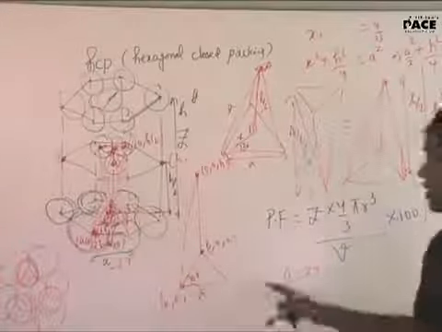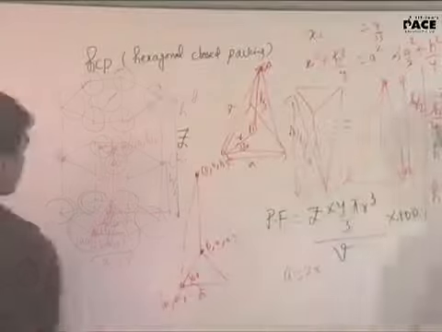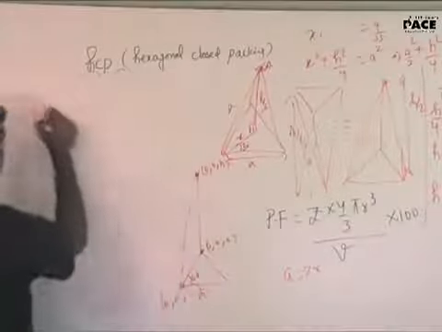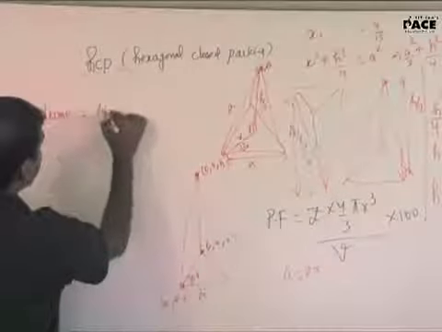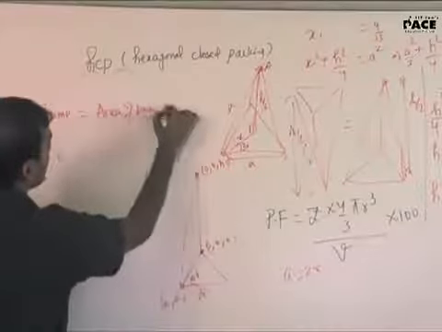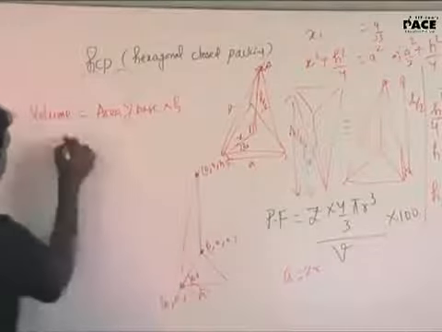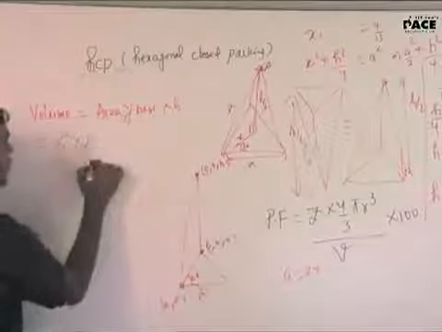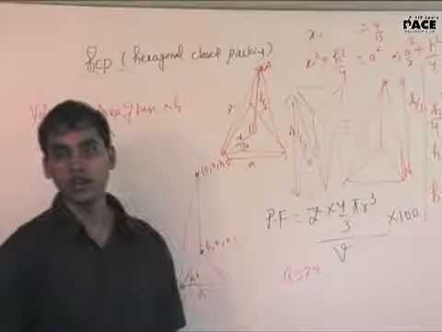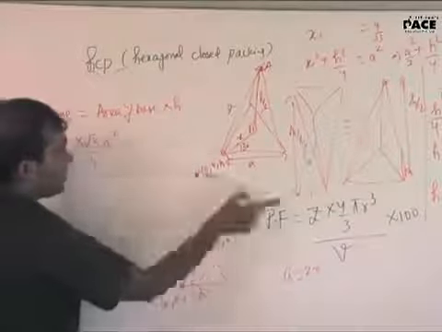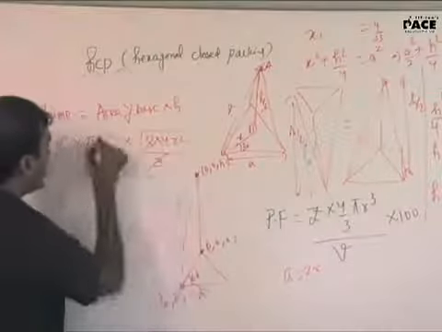So if I have to find the volume of this whole thing, h will be the root of this. Volume will be area of base into h. What is the area of base? 6 into root 3 by 4 a square. Clear? And what will be the height? h. This will be cancelled.